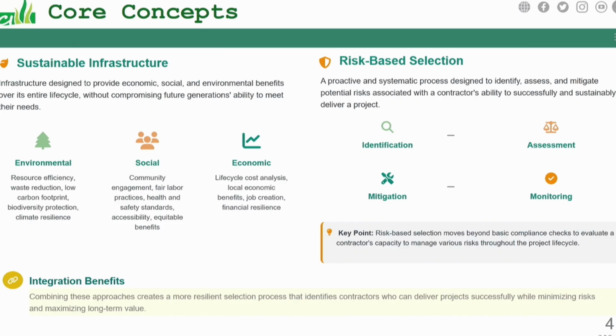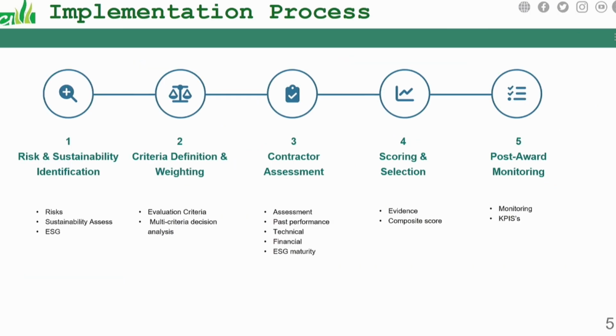For the process, you could adopt a five-step process. First, the risk identification. Second, the definition of the weighting. Because in as much as we just want to get people to do work, we also want to be very objective in selecting people who do work.